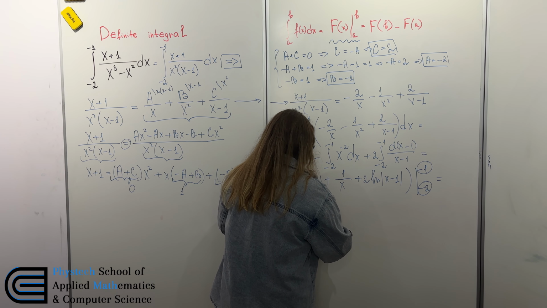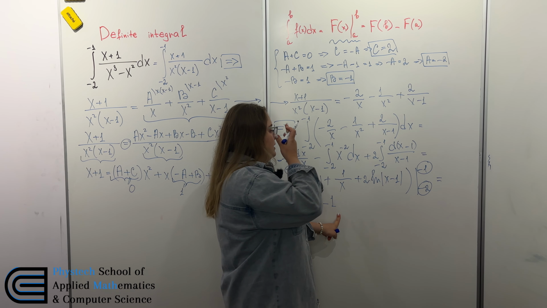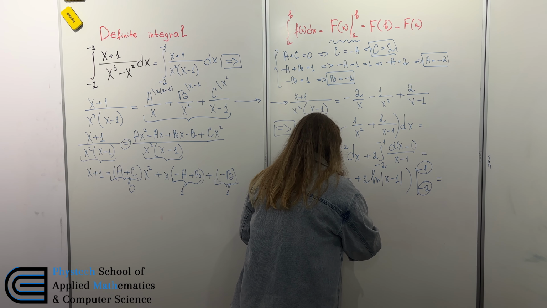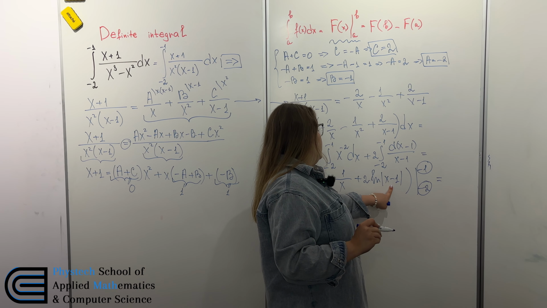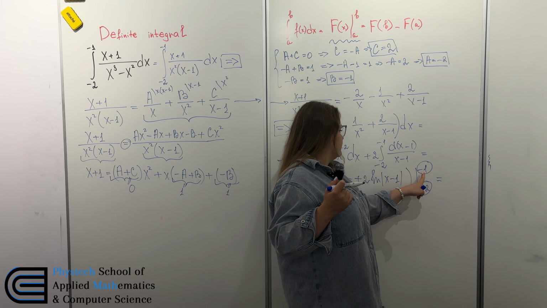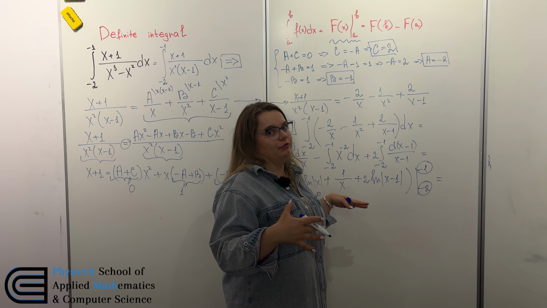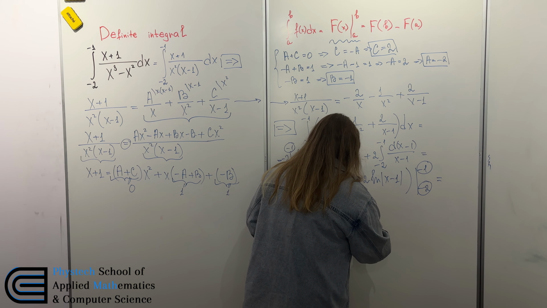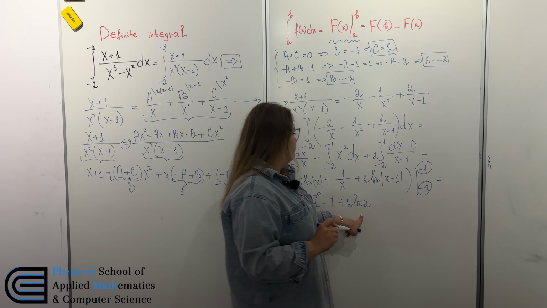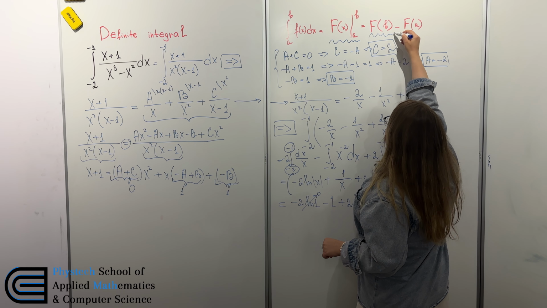Plus and minus gives us minus 1 divided by 1, which gives us 1. Then +2. Here will be logarithm of absolute value of, let's see, -1 minus 1, so -2. Absolute value of -2 gives us 2. It will be logarithm of 2. Okay, we did this part.